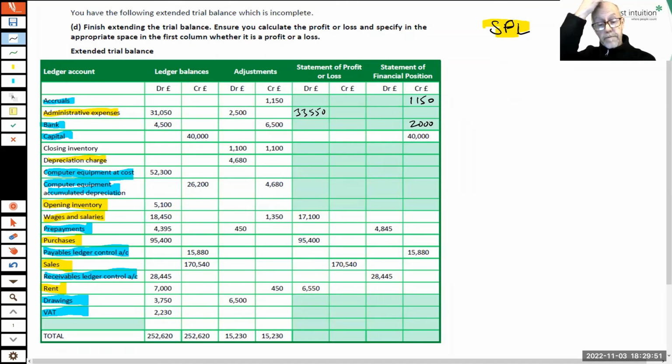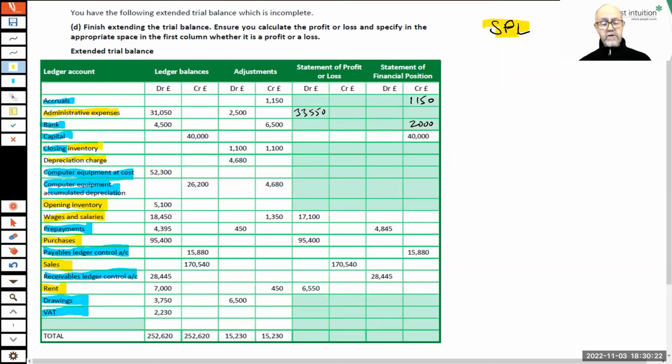We're overdrawn. Now, closing inventory, I said, was a bit special. I suppose what we can say is it is both an asset because at the end of the year, you've got a warehouse full of stuff. It is an asset. So that's going to go statement of financial position, but it also is involved in the statement of profit or loss because of the logic of the inventory we have used up in the year.